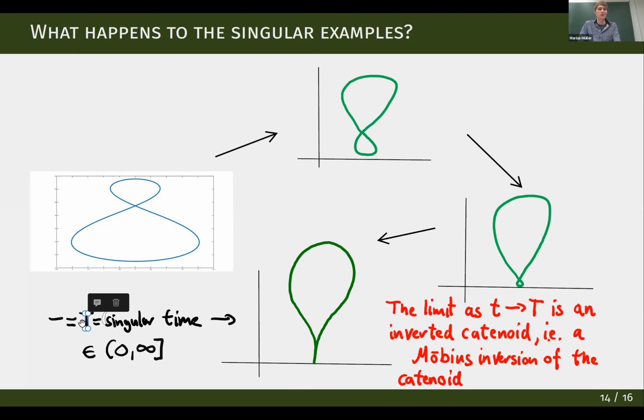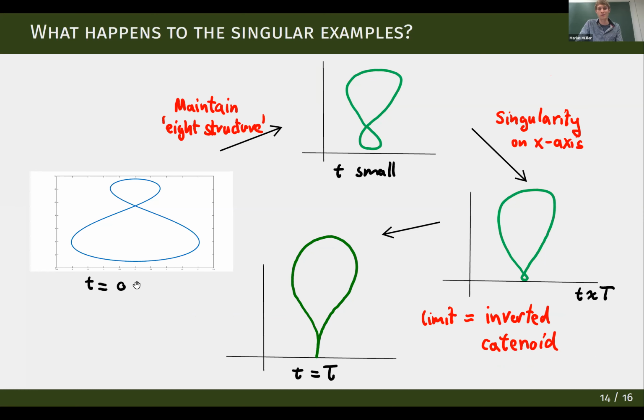But unfortunately, we do not really know that now. So it would be very interesting to find out more about that. Well, and so this is what happens to the singular example. And there's still something to be discovered.